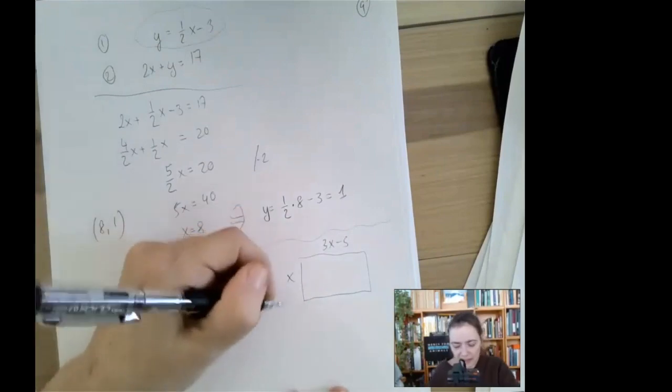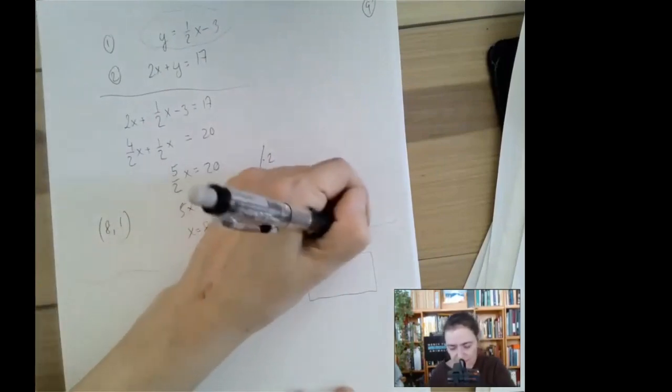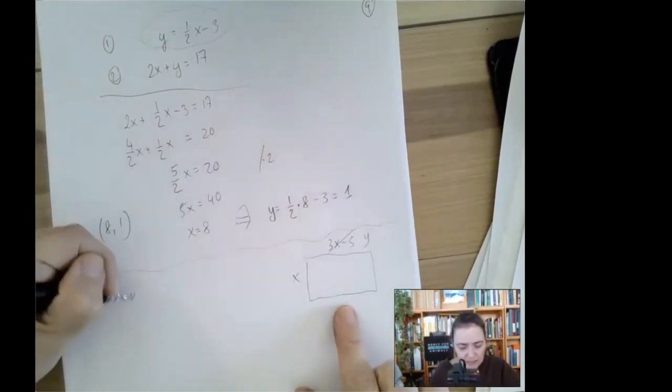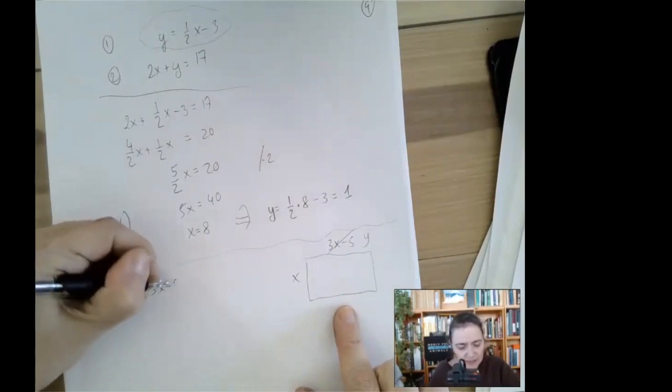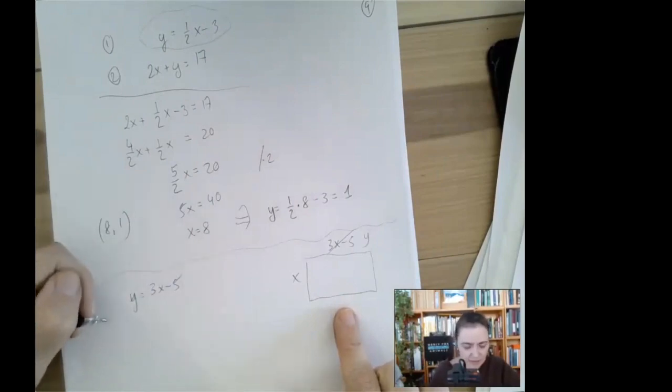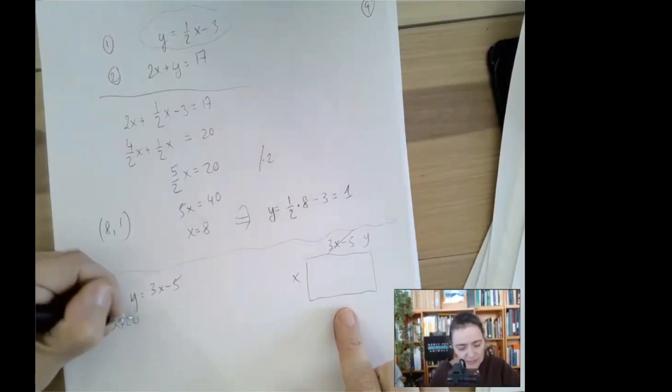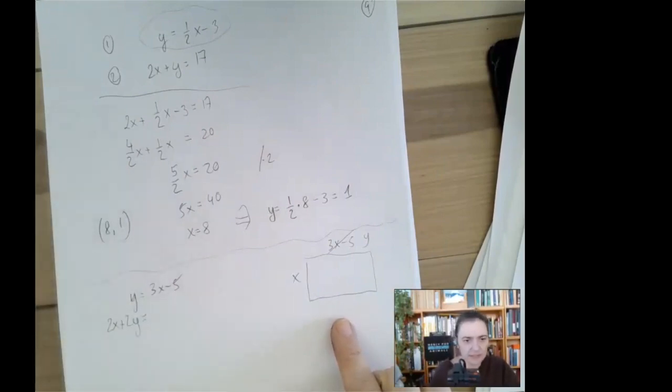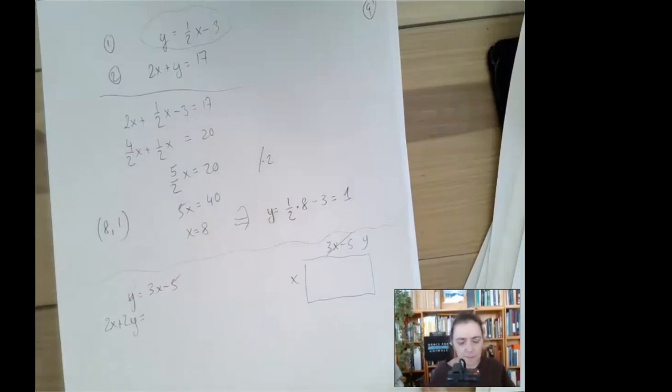Well, you can say x and y, and then one equation will say that y equals 3x minus 5. And the other is the perimeter, 2x plus 2y equals, I don't know, whatever is given. So they're this close. A lot of the problems, you can handle with just an equation just as easily as with a system.